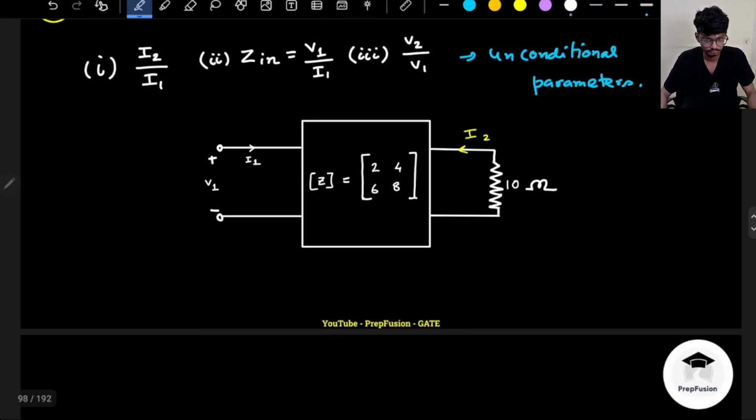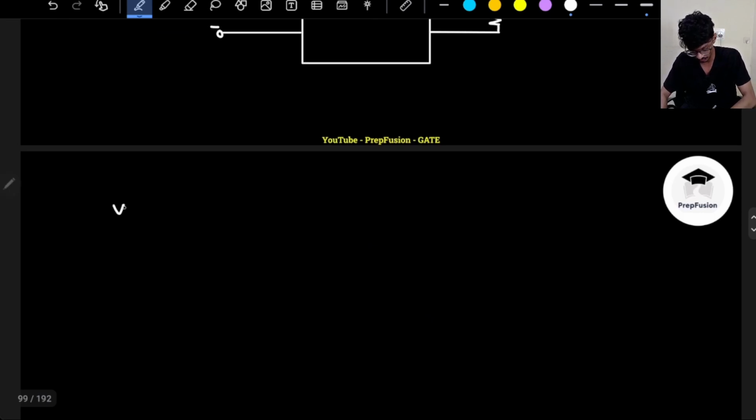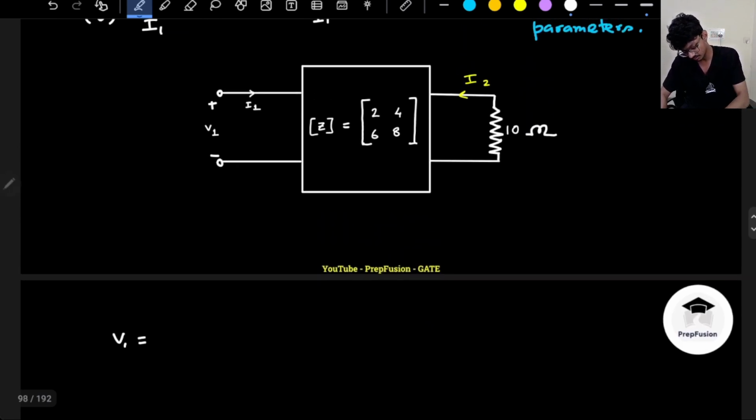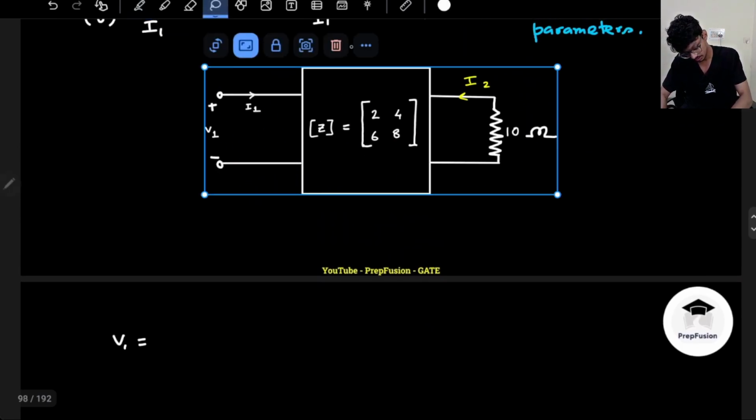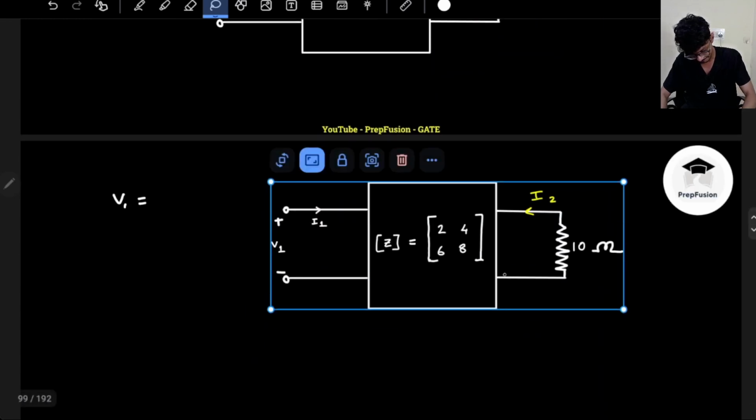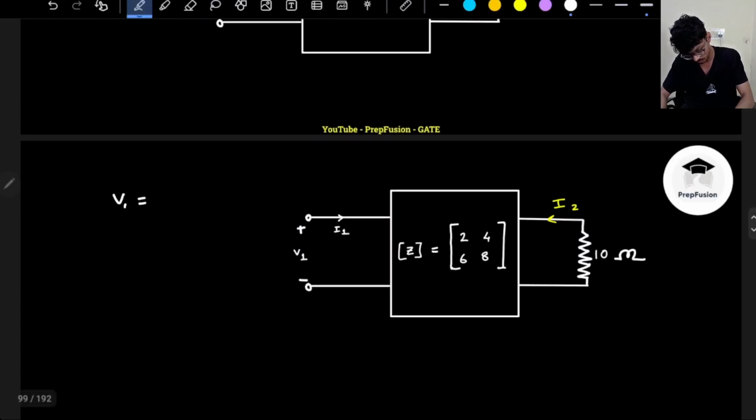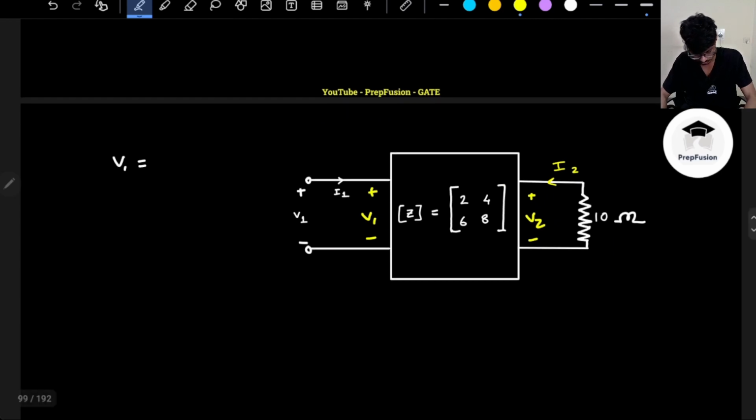So you can solve this. How can you solve? The z parameters are given, so I'll write the equations. First of all I will write the port voltages: plus minus V1, plus minus V2, I1, I2.